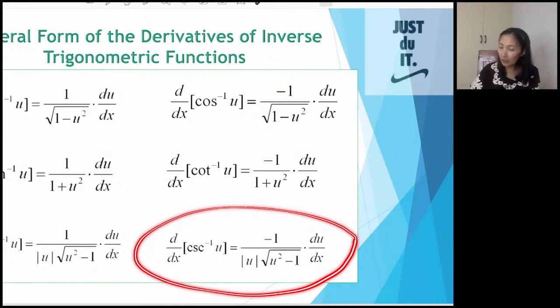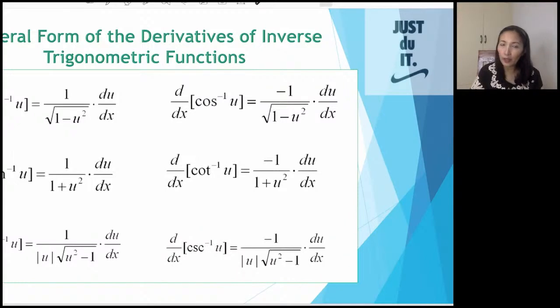Okay, derivative of arc cosecant of u is negative 1 over absolute value of u times the square root of u squared minus 1 times du over dx. Okay?